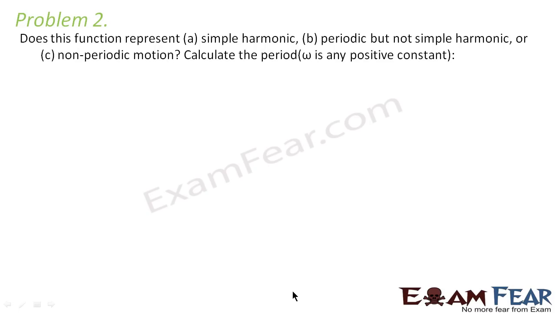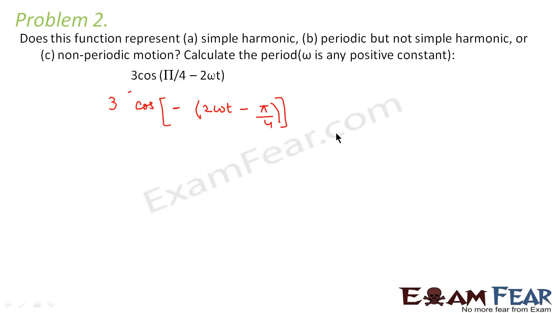Now let us look at another similar problem where you again have a function, and looking at that function you will have to say whether it is a simple harmonic motion or not. Let us try to do this. This 3 cos can be written as cos of minus 2 omega t minus pi by 4.